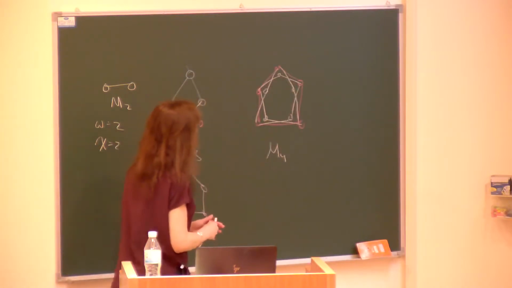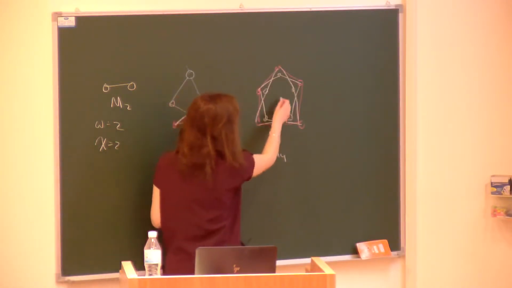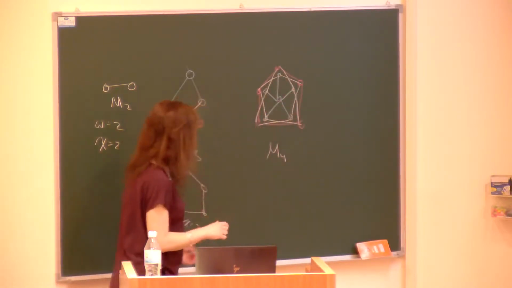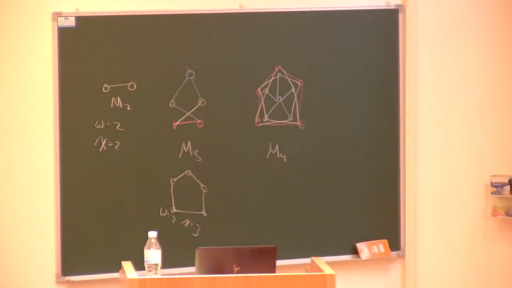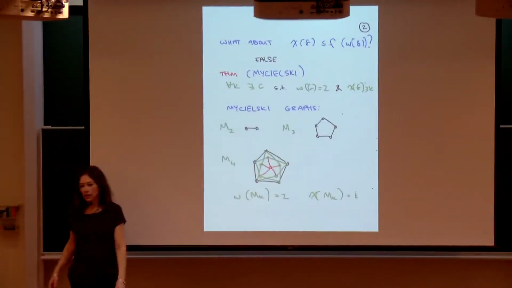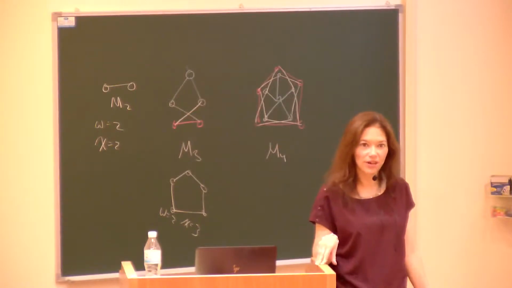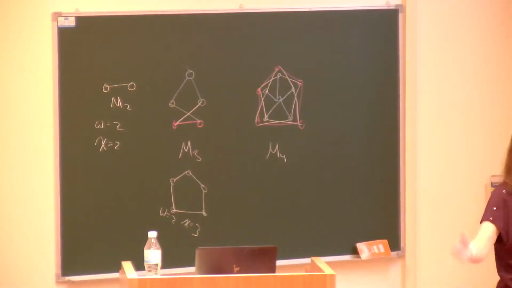And now you add one more vertex adjacent to all the new ones. And this is M4. It's not hard to see that the clique number remains 2, that you don't create any triangles by doing that. It's a little bit harder to see that the chromatic number keeps going up, but not very.